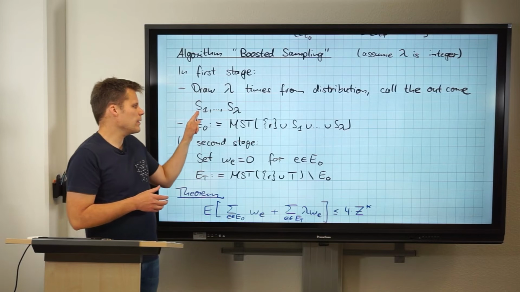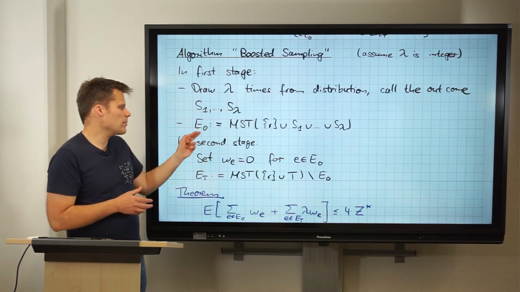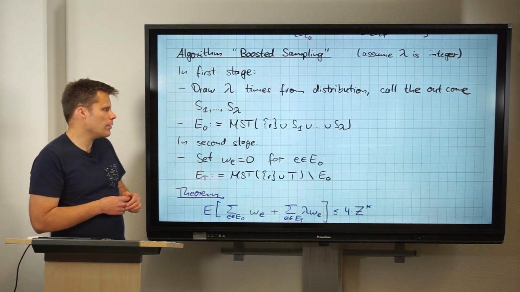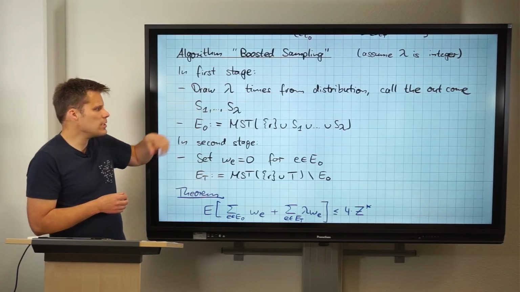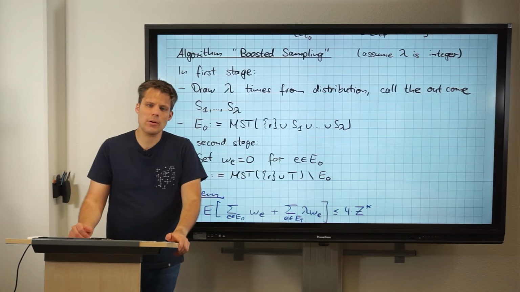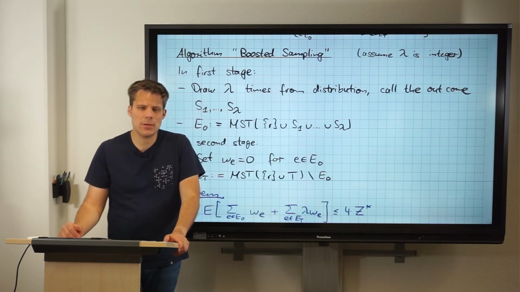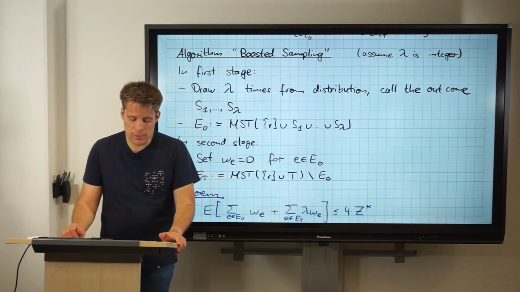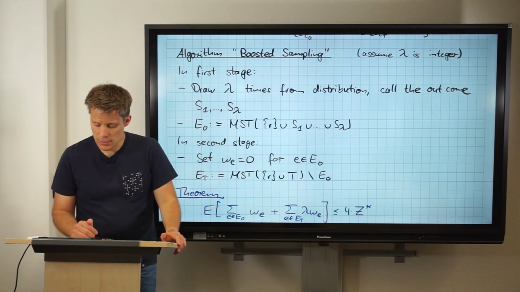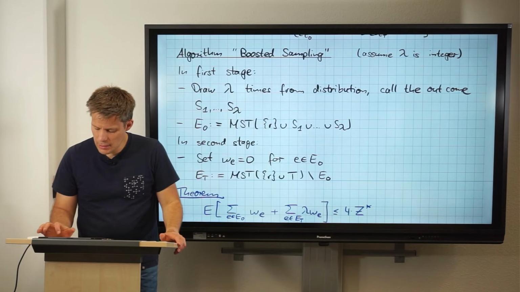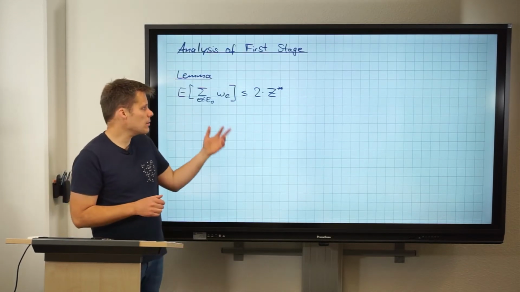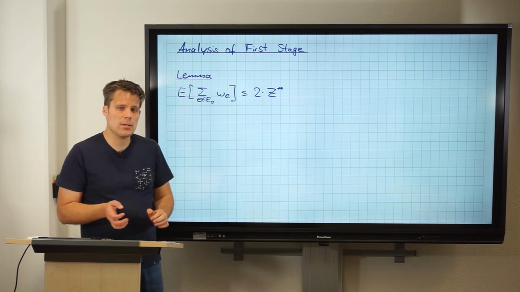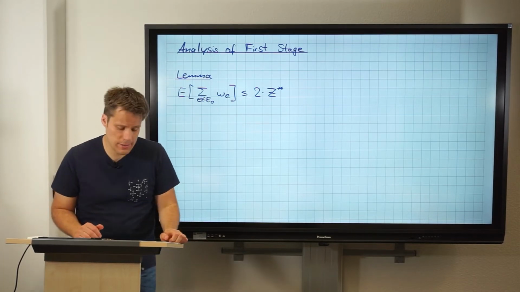We call that now the outcome S1 through S lambda, and we take E0 to be a minimum spanning tree which connects all these terminals that we've just drawn in all these lambda draws. We connect all of them to the root via just one minimum spanning tree. And what we're claiming now is that the expected cost that we're incurring this way is at most 2 times the cost of an optimal policy.